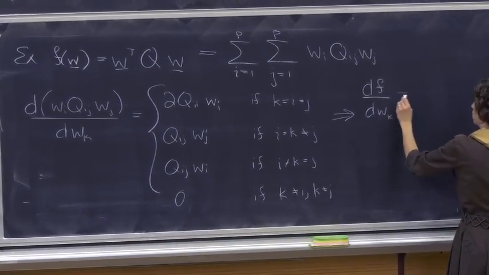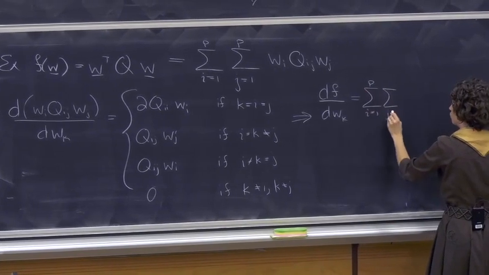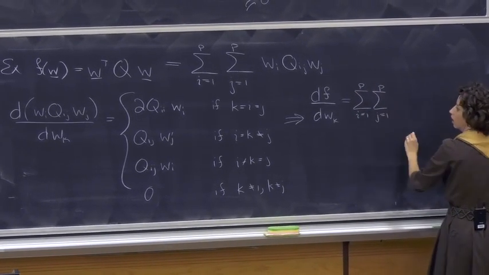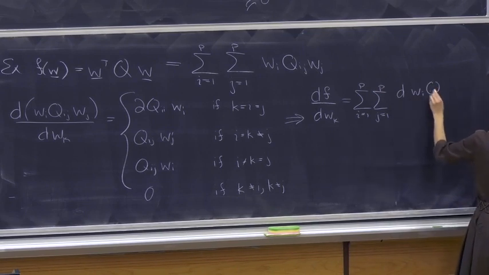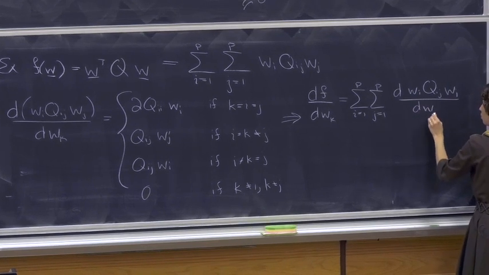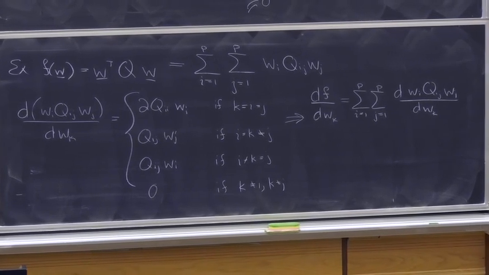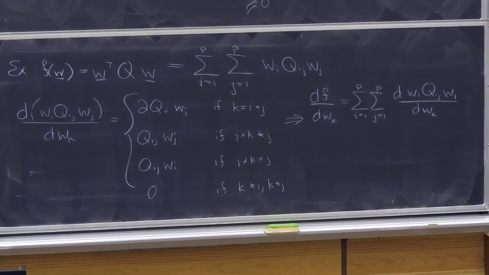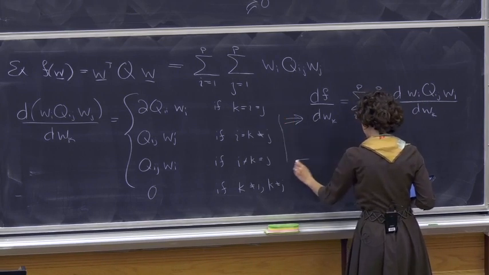And that is simply the sum from i equals 1 to p, sum j equals 1 to p, of the derivative of wi qij wj with respect to wk. So you can work this out on your own. It's not hard. It just involves a lot of bookkeeping, figuring out all the different terms that you have where. It's a little tedious, but like I said, not difficult.